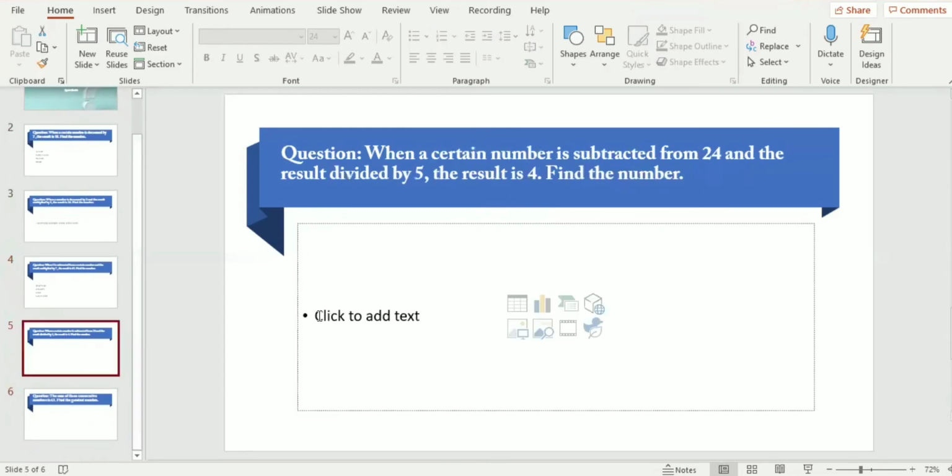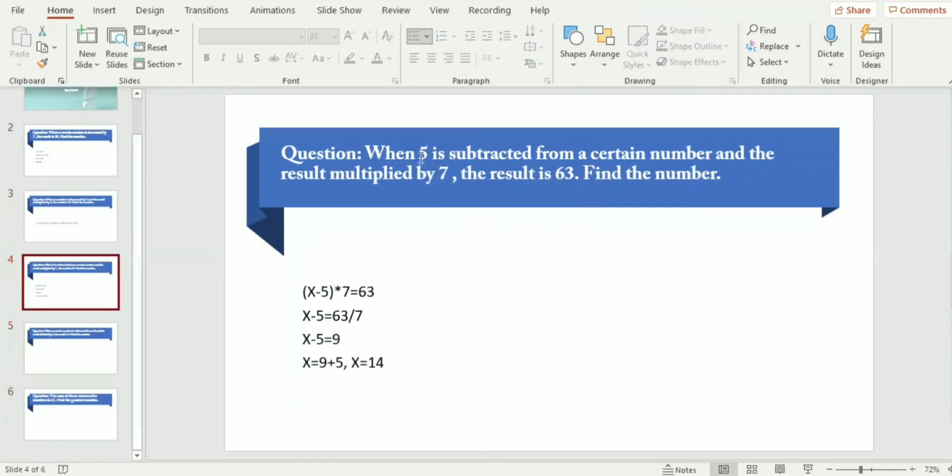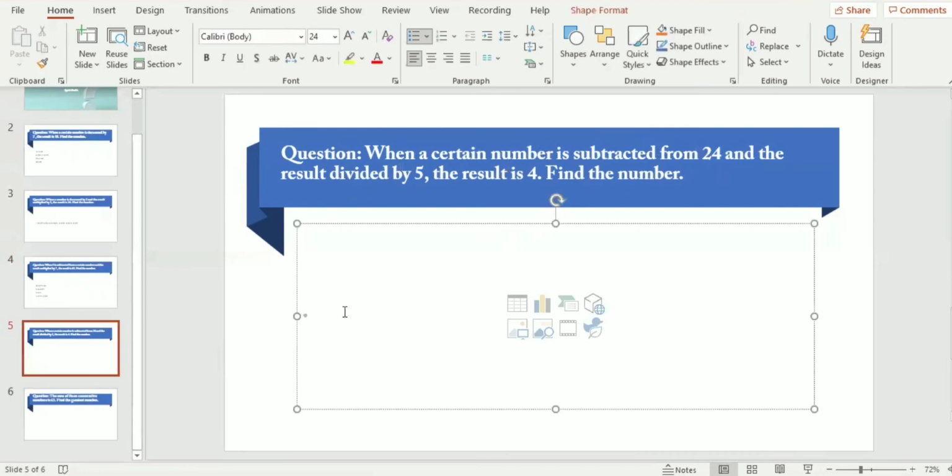Now we have our next question, which is: when a certain number is subtracted from 24. In the previous question, we had when 5 is subtracted from a certain number. Now we have a different situation, in which a certain number is subtracted from 24, which means 24 minus, and we are going to suppose that this certain number is x.